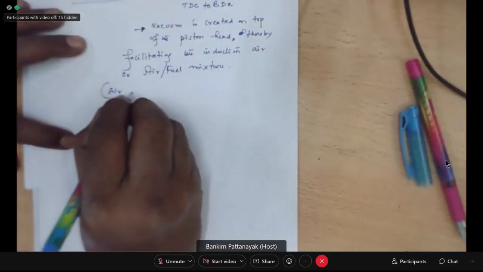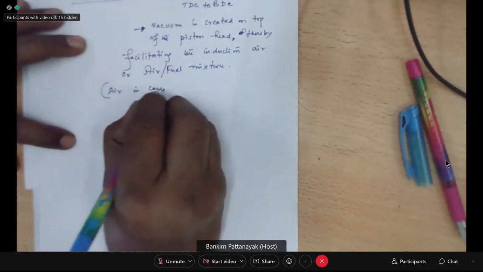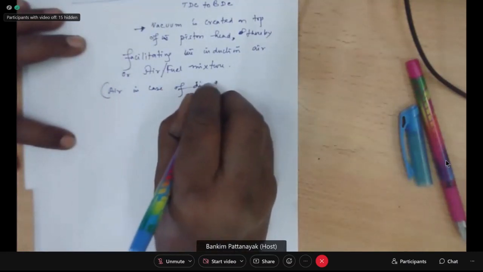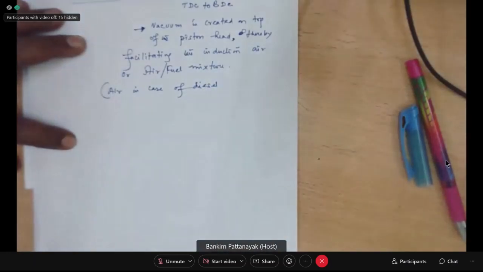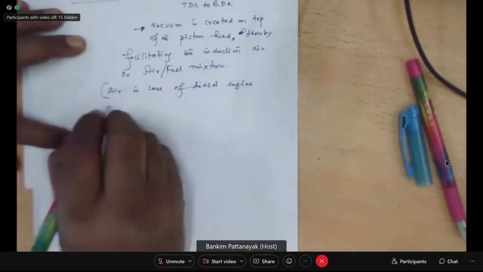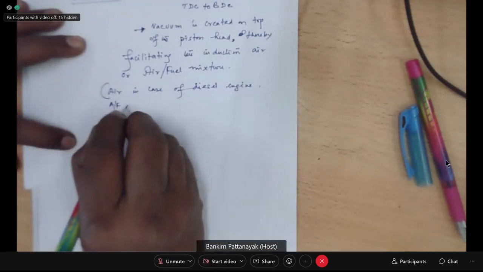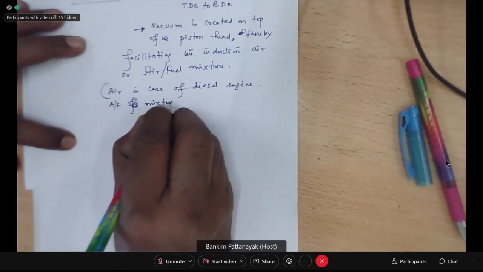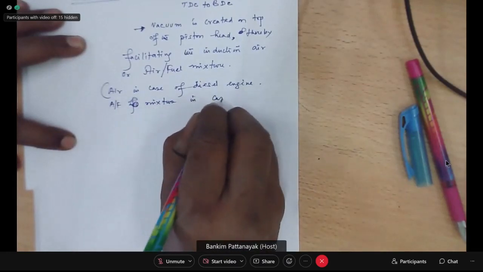Air in case of diesel engine, a bit of mechanical engineering. Air in case of diesel engine, only air. And air fuel mixture, AF mixture, in case of petrol engine.